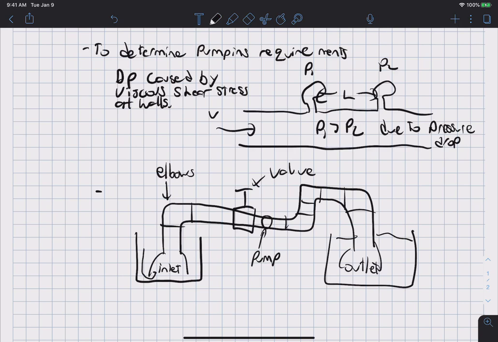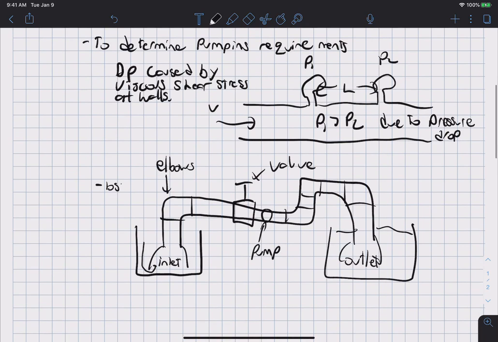And so when we analyze a practical piping system, we need to account for those losses too. And so there are losses at the pipe components. And those are called minor losses. And we'll discuss those later.